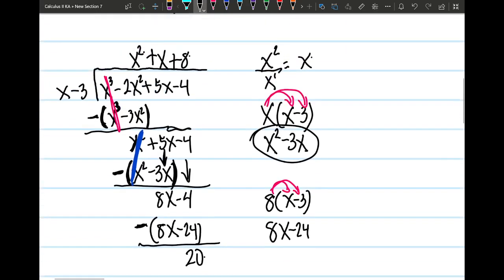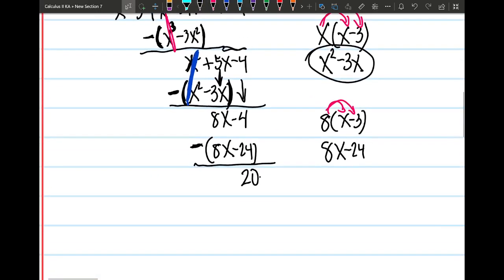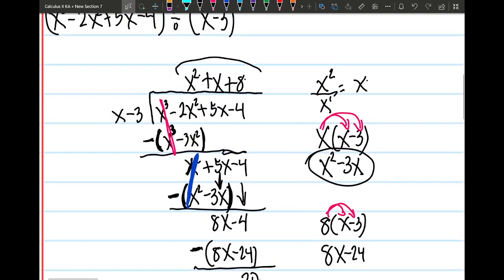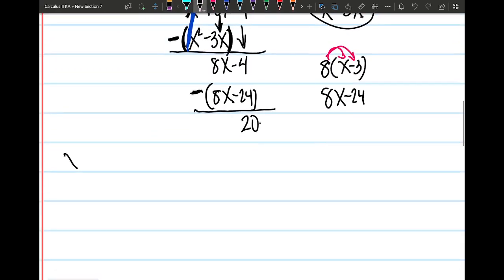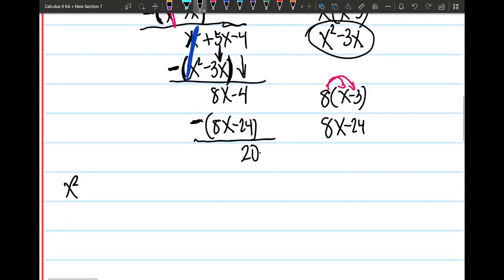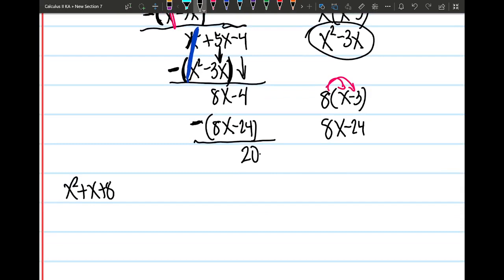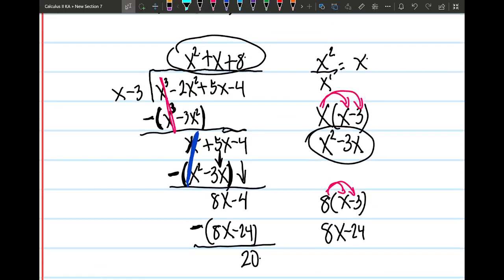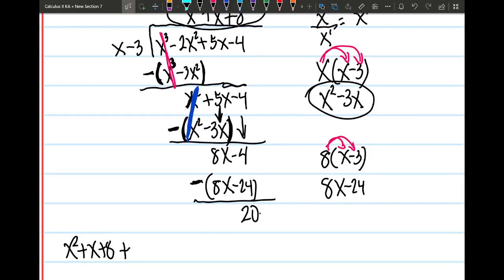Now the way that we would write this, we always put whatever's up here. So we would have x squared plus x plus 8, and then plus the remainder 20 on top, over x minus 3.